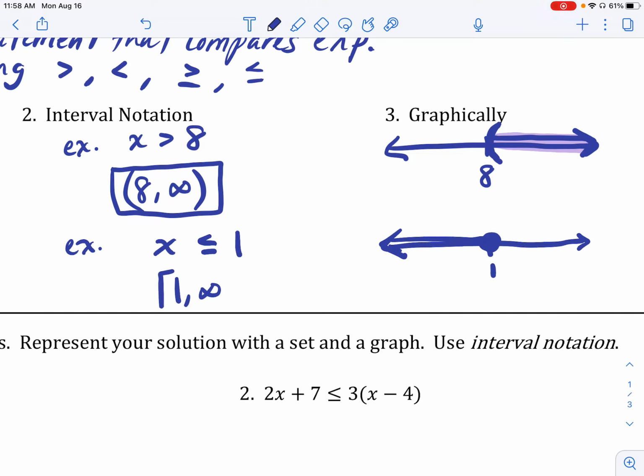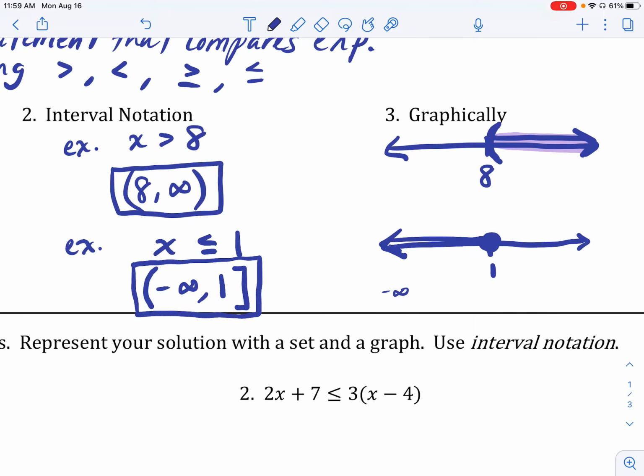And we're going to put a bracket, excuse me, that is wrong. That is absolutely wrong. Sorry about that. We have negative infinity going to 1, putting a bracket around that 1, and a parentheses around the negative infinity here. Because we're trying to say that all the values from negative infinity all the way up to and including 1 satisfy that inequality.